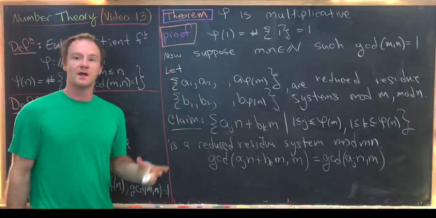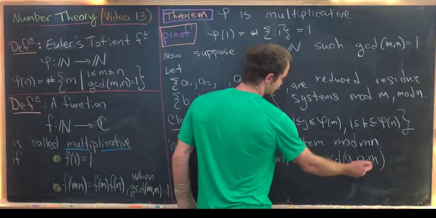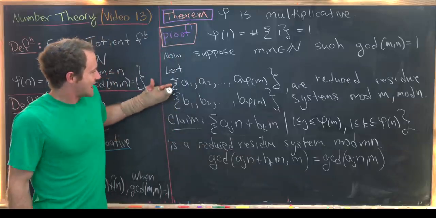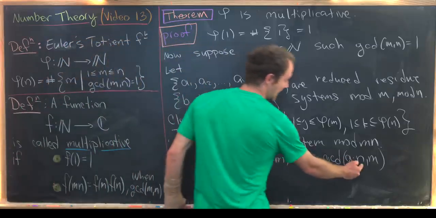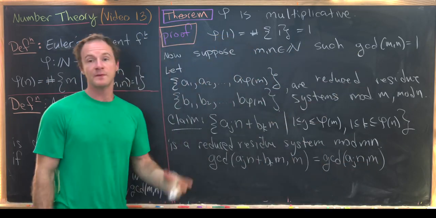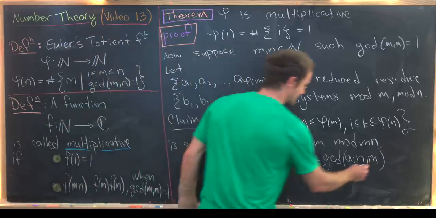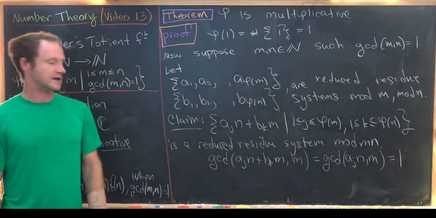But next, let's notice that AJ is relatively prime to m, given that it's an element of this reduced residue system. N is relatively prime to m. That's by our given up here. That means the product is relatively prime. So that means we've got a GCD of 1 right here.